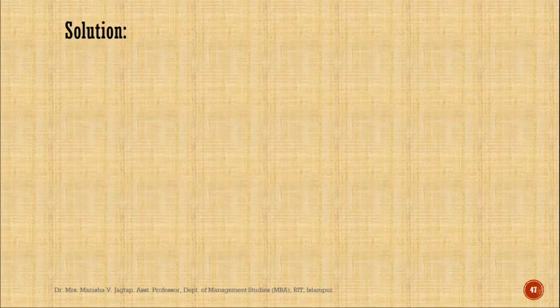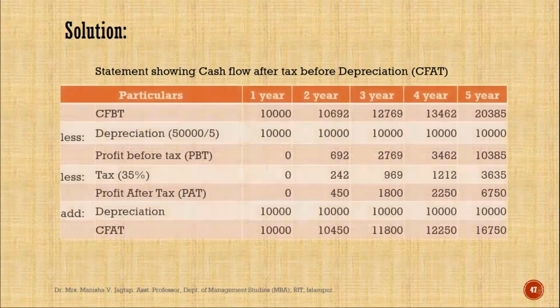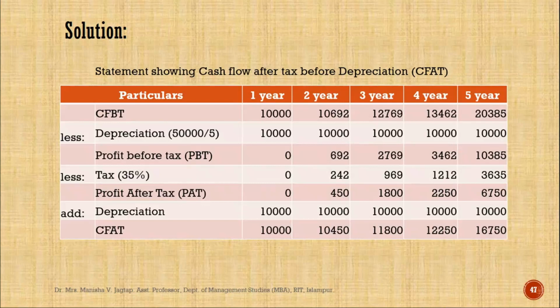Here, for solution, you have to keep in mind first to prepare a statement which shows cash flow after tax before depreciation. That means again we will prepare this table which shows information concerned with particulars and 5-year data.